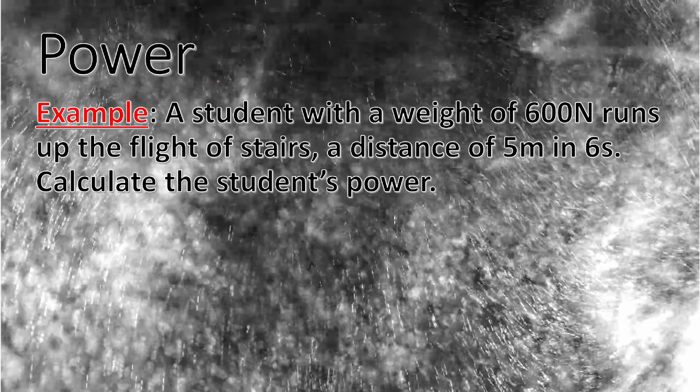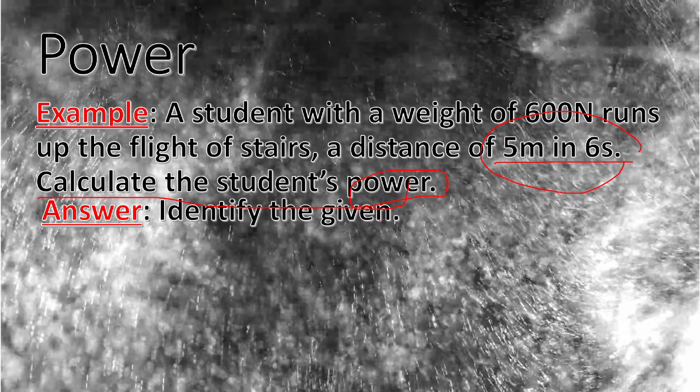So another example: a student with a weight of 600 newtons runs up a flight of stairs, a distance of 5 meters, in 6 seconds. Then calculate the student's power. Take note of our givens. First, we need to write our givens. We have force. The force is equal to our weight, so force is just your weight, which is 600 newtons.